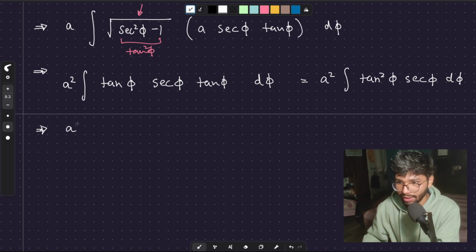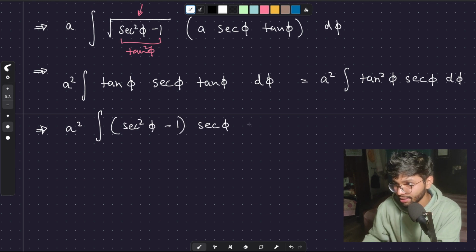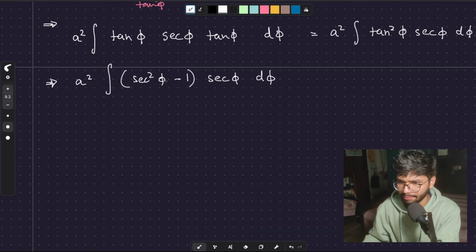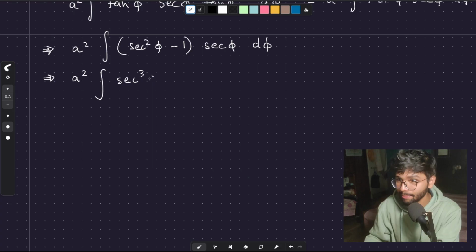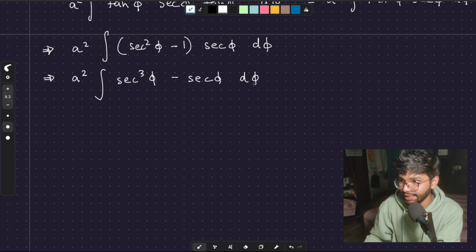So this equates to secant squared phi minus 1 times secant phi d phi. And that, in turn, whew, it's going to be a long one, equates to secant cubed phi minus secant phi d phi.